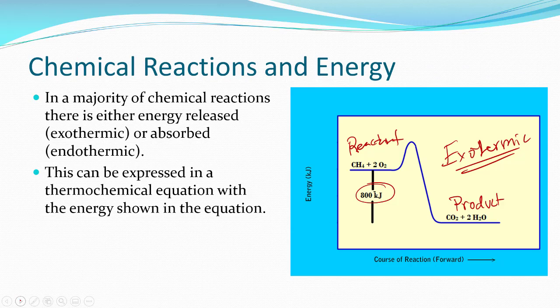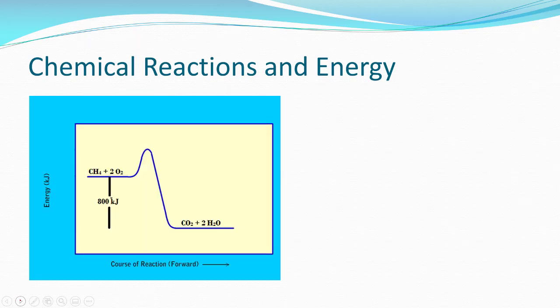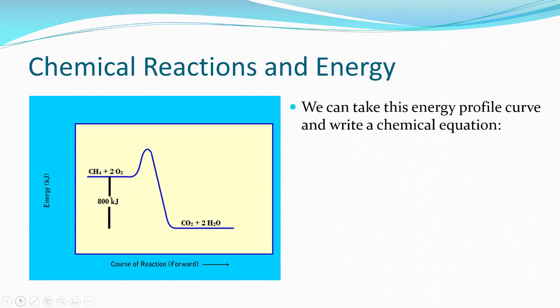So remember this diagram. Again, this is an exothermic reaction. And from this profile curve, I can write a balanced equation. I'm hoping you recognize that these are the reactants, and these are the products.